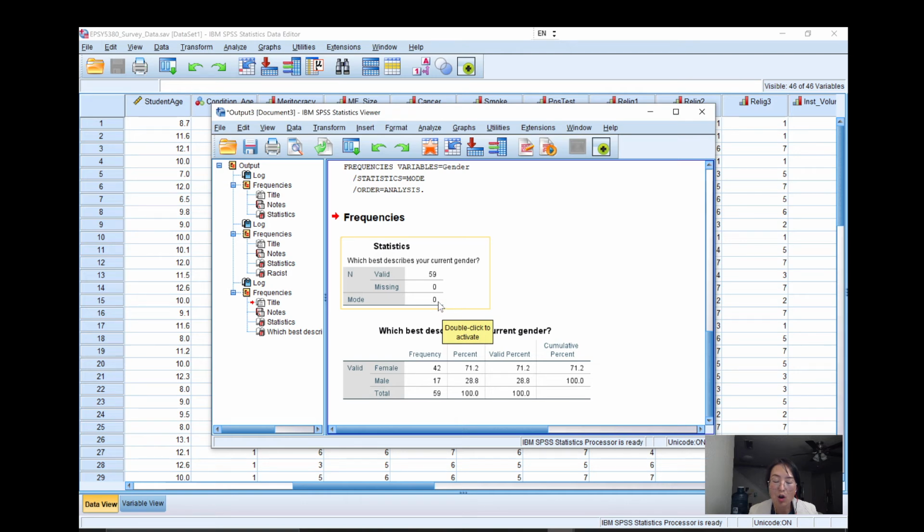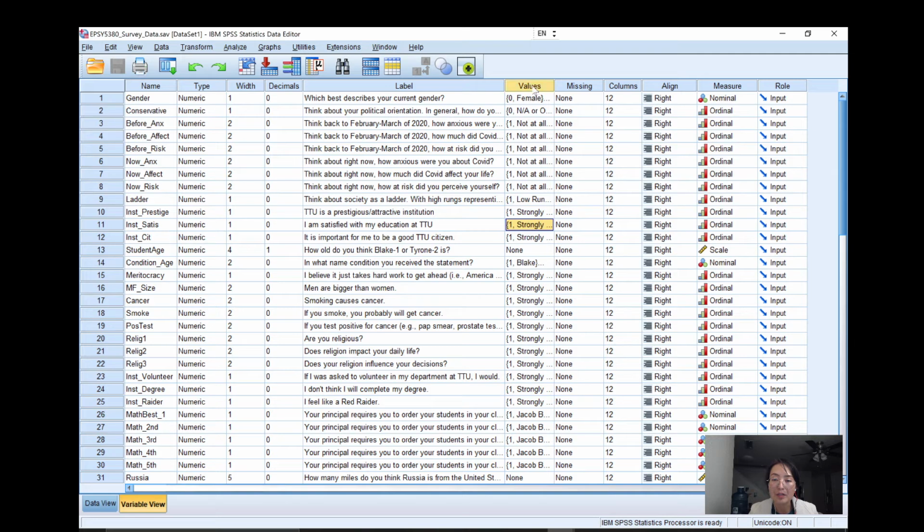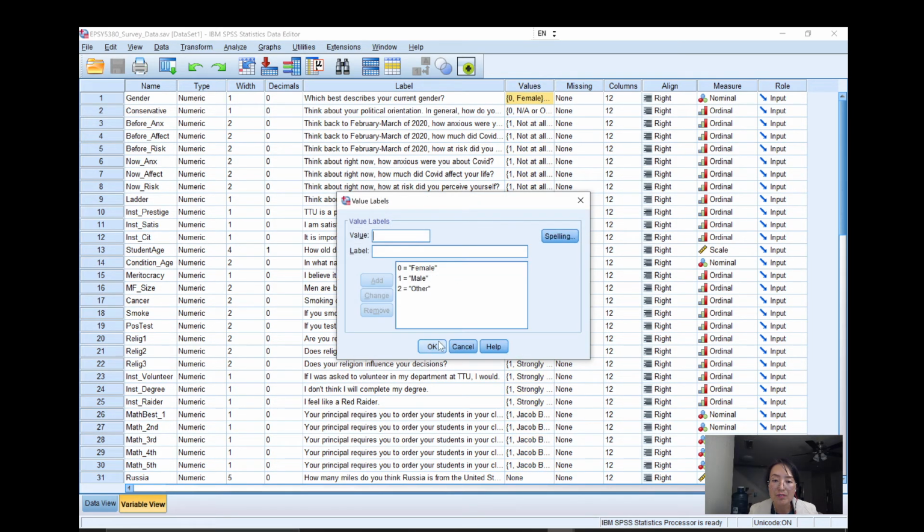If you recall what we have labeled the variables here, the value 0 is actually female. Okay.